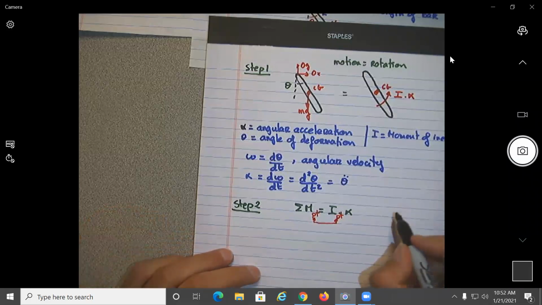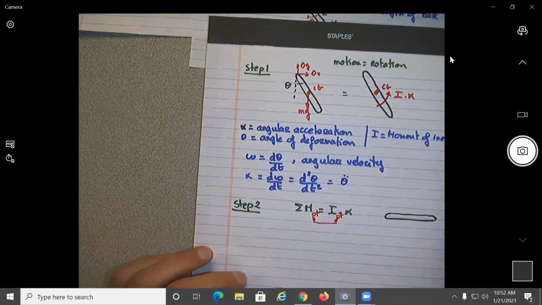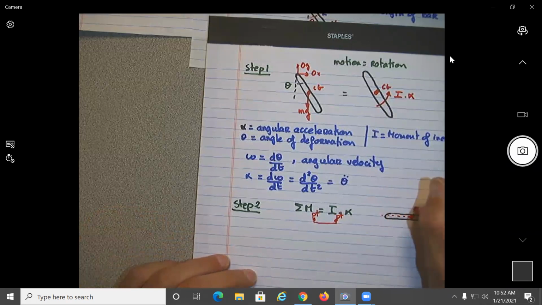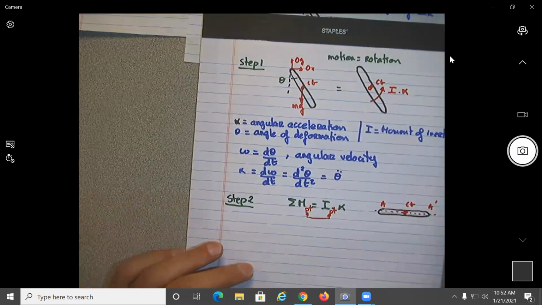Maybe I'm giving too much information here, but the moment of inertia is given to you. I'm not going to ask you to calculate it.